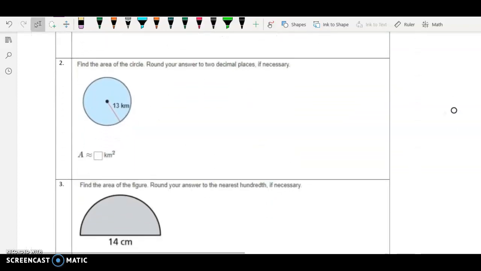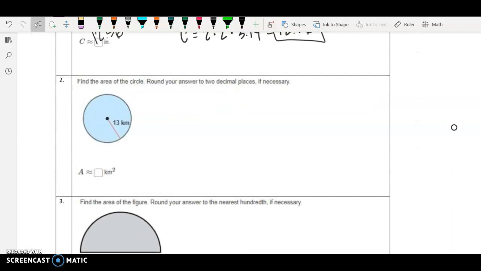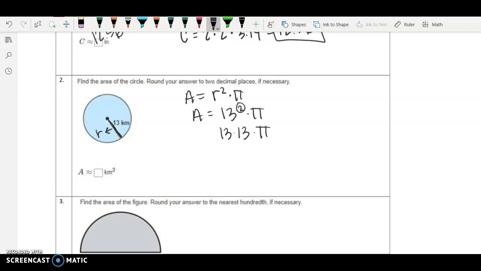Find the area of the circle. Round your answer to the nearest hundredth or 2 decimal places. So area equals radius squared times pi. So we have area equals, this is our radius because it only goes halfway. And so we have 13 squared times pi. Remember, this means that we're multiplying 13 two times, then times pi.